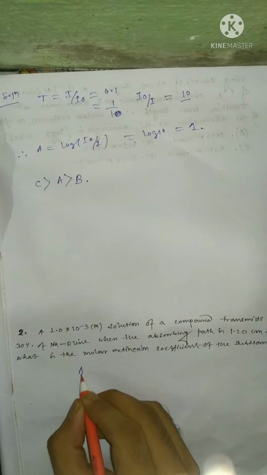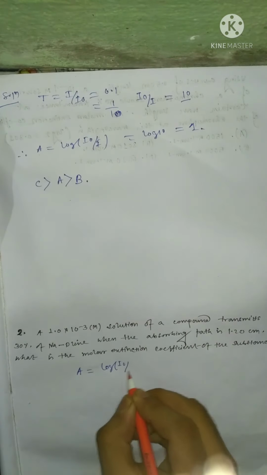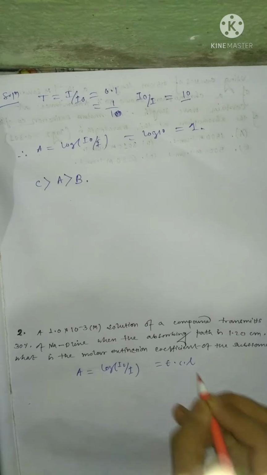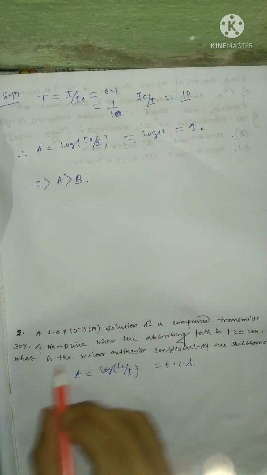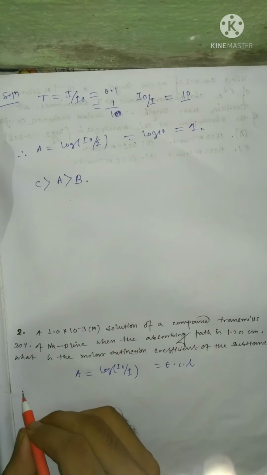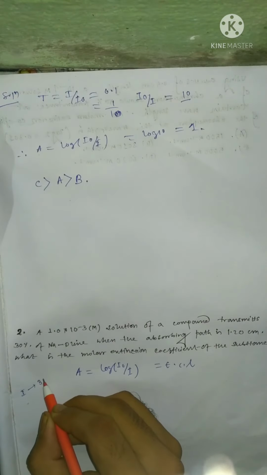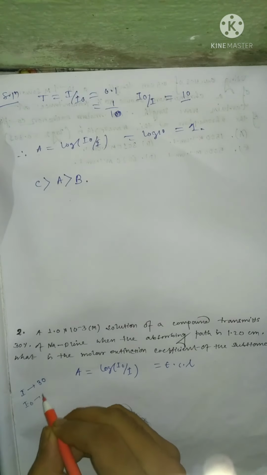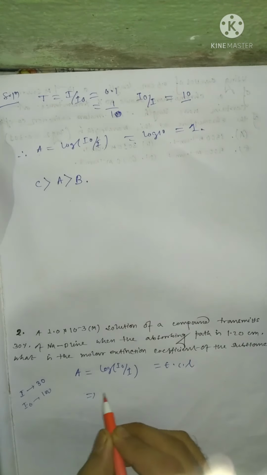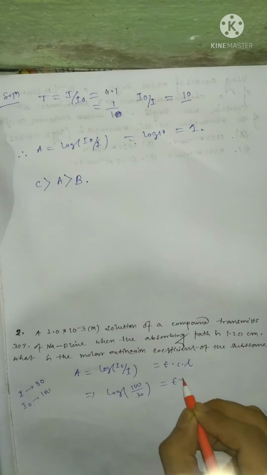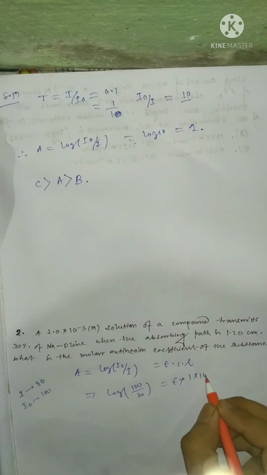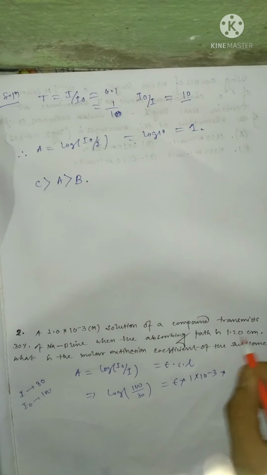Now the next problem. By Lambert-Beer's law, A equals log I0 by I equals epsilon C L. Here I equals 30 and I naught equals 100. So log 100 by 30 equals epsilon times concentration 1 into 10 to the power minus 3 times length.